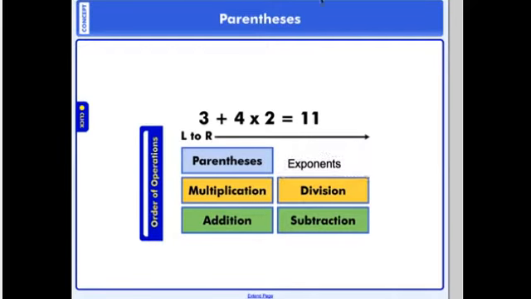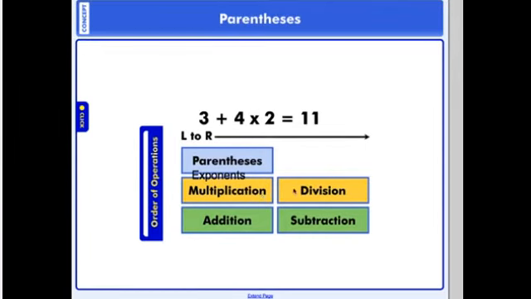Okay? The first thing you do is whatever is in parentheses. Okay, remember we talked about parentheses mean do me first. The second thing we do is if there are any numbers that are written in exponential notation, if we have any exponents, we solve those and put those numbers in the standard notation.